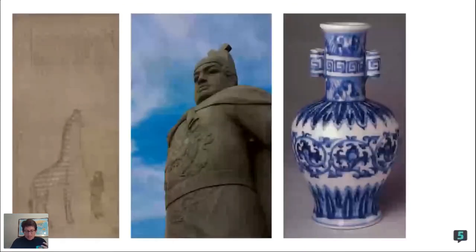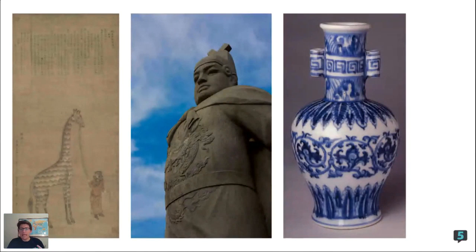Now, if we want to shift our focus to economic systems and the ideas of commercialization and innovation in China, certainly this time period is a good one to think about it, especially with Song China.